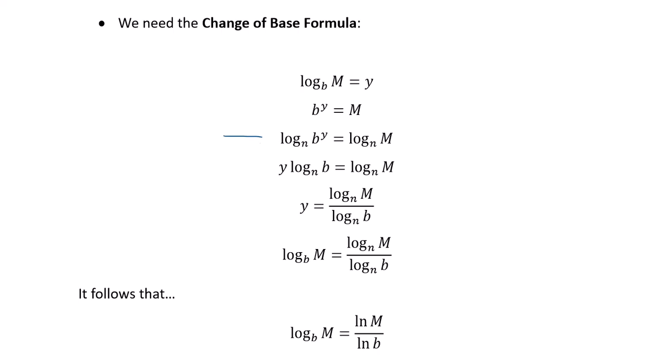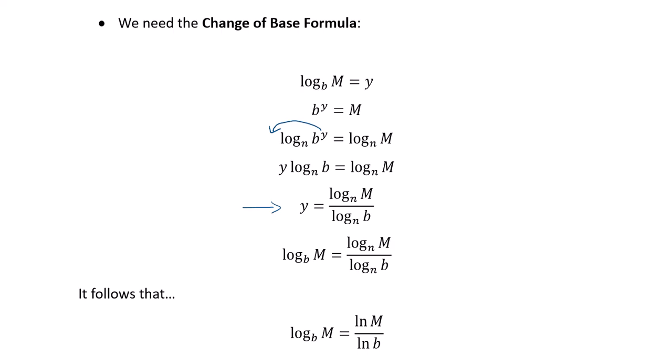Once we're here, I use the property that we're getting ready to learn to pull that y in front so that I have y times the log base n of b equals the log base n of m. Now, dividing both sides by log base n of b, I get y equals log base n of m divided by log base n of b.